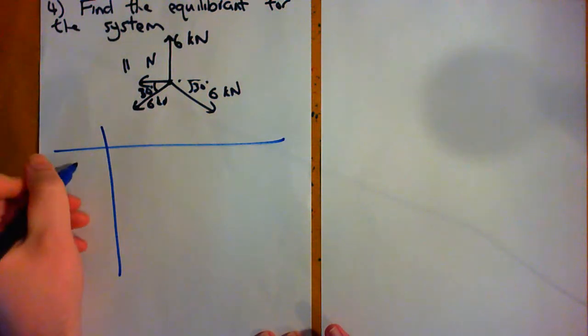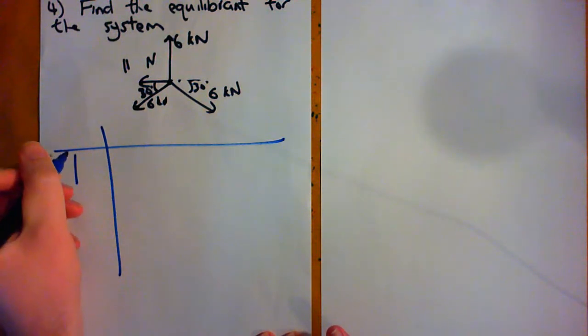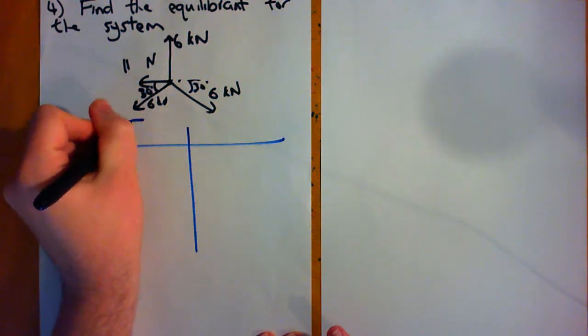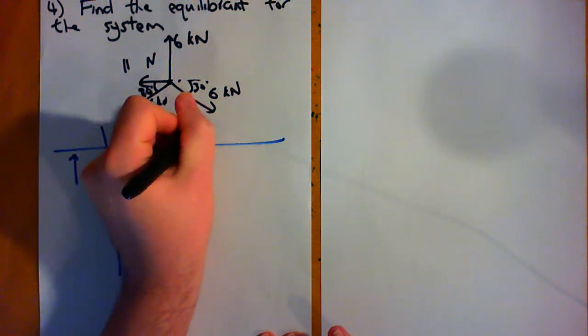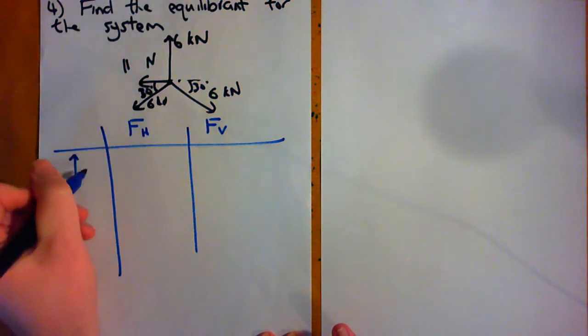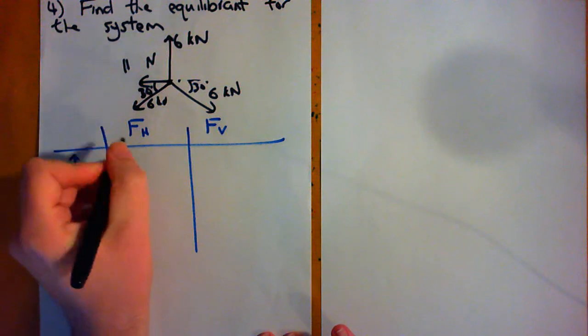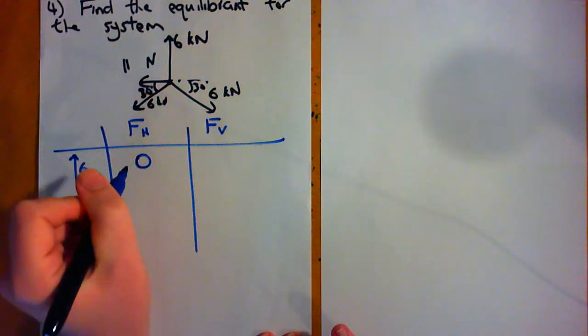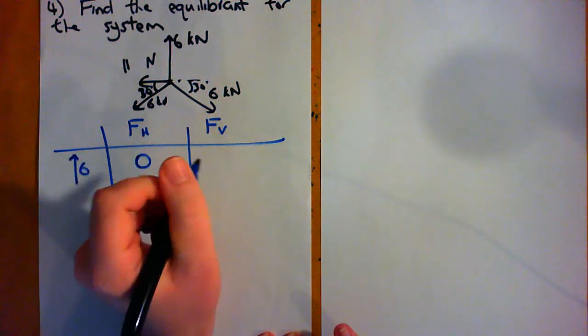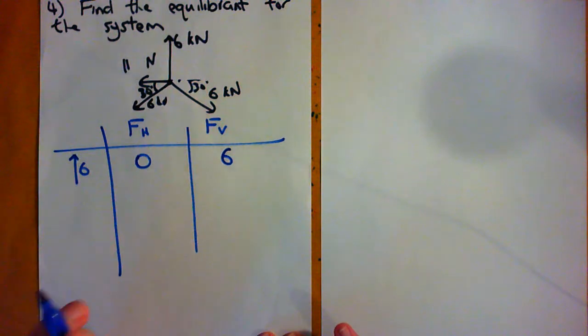Let's start with the upwards 6 kilonewton force, and let's work out its horizontal component and its vertical component. So the horizontal component is 0 because it is a vertical force, and it's pointing upwards, so therefore the vertical component is positive, and it is positive 6.